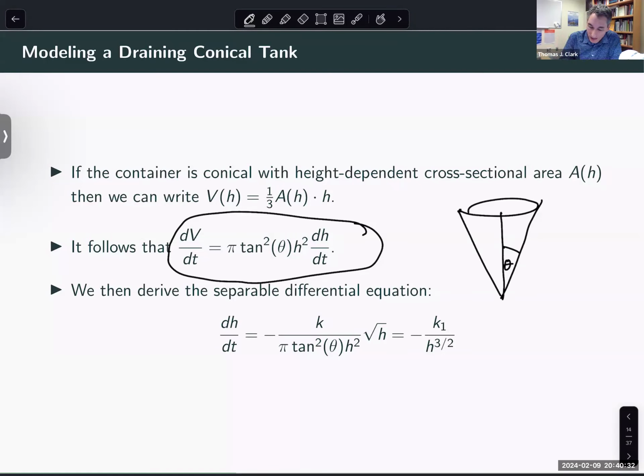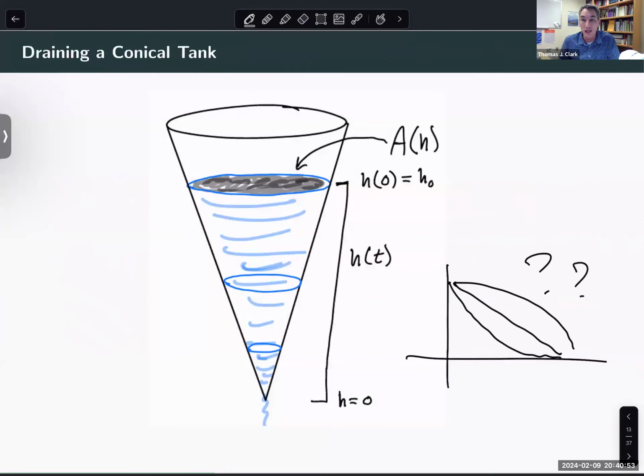But at the end of the day, all that stuff really just turns into some constant, and then you get an h to the 3/2. Now, again, we get a separable differential equation. It's a nice one to solve. It's different than the cylinder one, so we're going to get a different solution. You can solve it. You get the answer, and then you buy yourself a cone and drain the water out and see what happens.